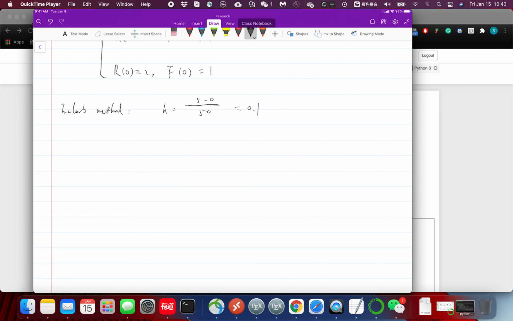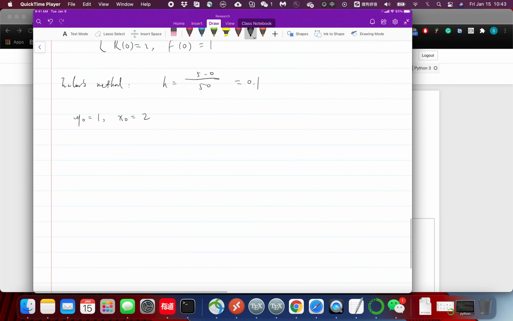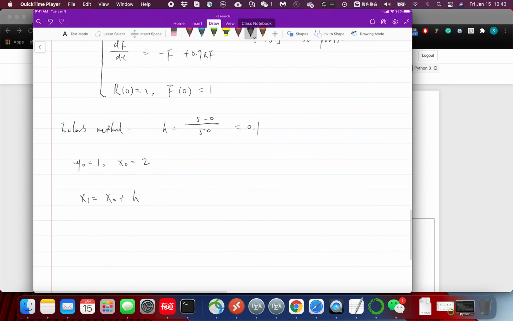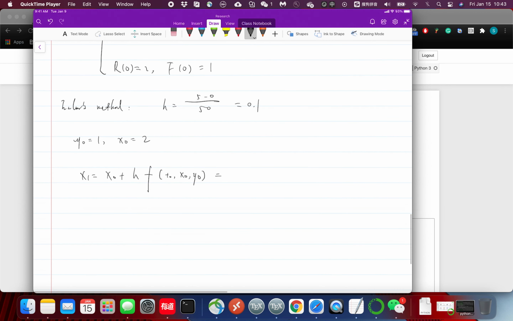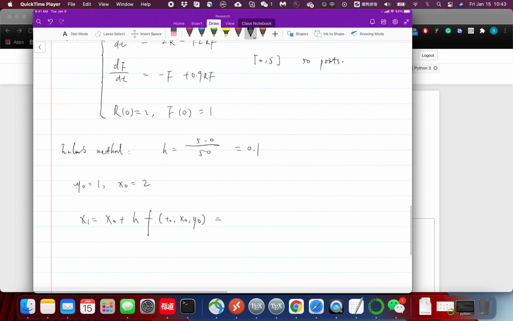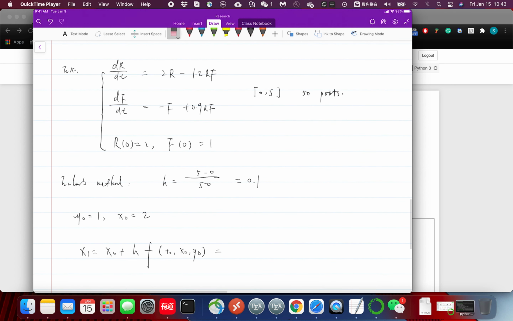Okay. So y0 equals 1, x0 equals 2, x1 equals x0 plus h, f of t0, x0, y0, which is... let's change it.